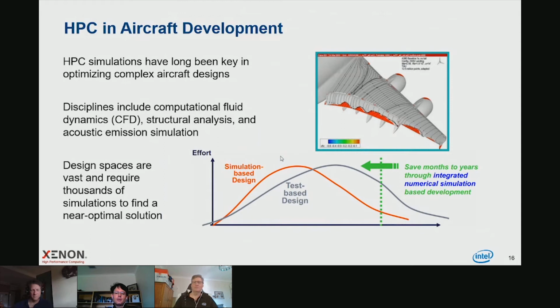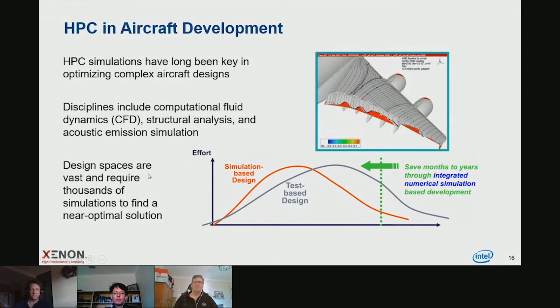When you look at the time and effort required for such a project, there's a lot of simulation work that goes into the design of new aircraft and aircraft components at the very beginning of the project. And the faster the engineers can obtain the results there, the more they can speed up the process and the time to market for this new product. The real challenge is that the design spaces are huge. There's a huge number of parameters in those models and designs which the engineers are evaluating.